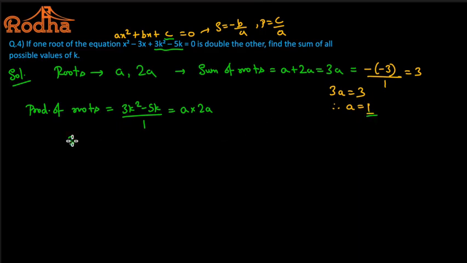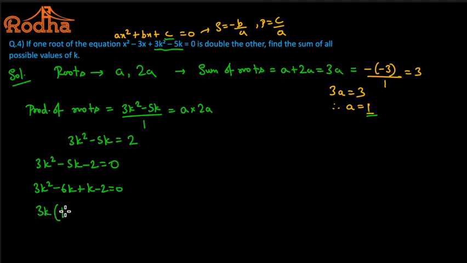So what I'll be getting here is 3k square minus 5k, and putting a equal to 1, 1 into 2 becomes 2, right? So now we got the value as 2 here. So it forms a quadratic: 3k square minus 5k minus 2 is equal to 0. So 3k square minus 6k plus k minus 2 is 0.